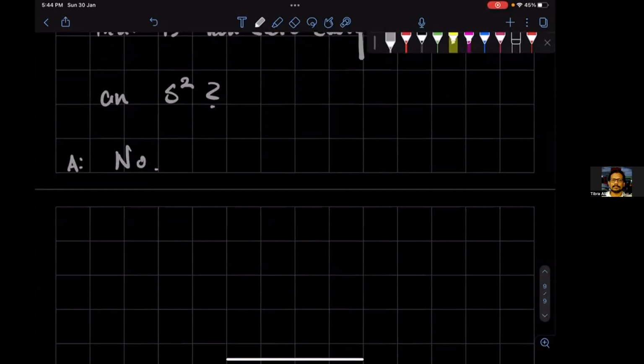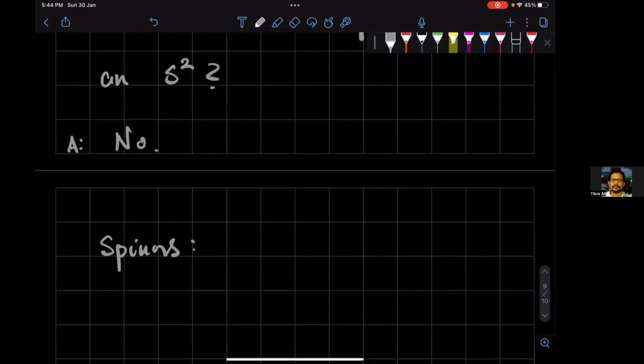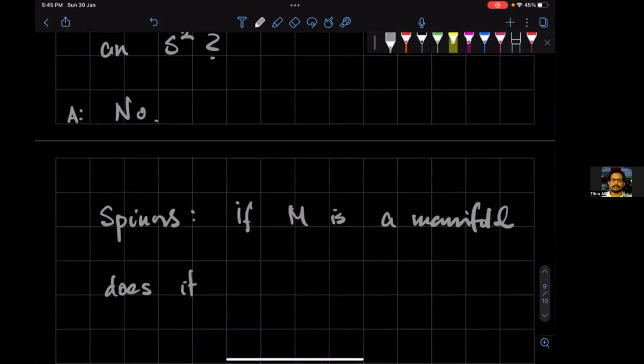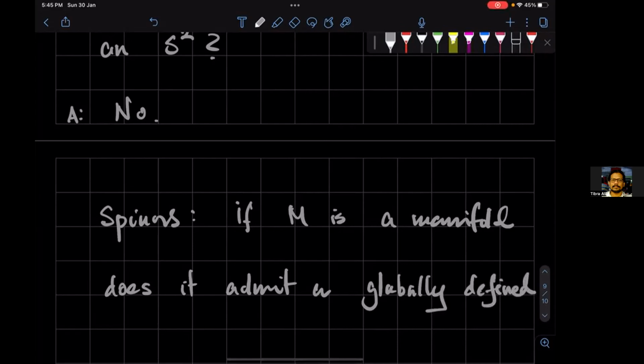And that's kind of related to... so that's a topological question. So when we go to spinors, you can ask similar questions. If M is a manifold, does it admit a globally defined spinor field?